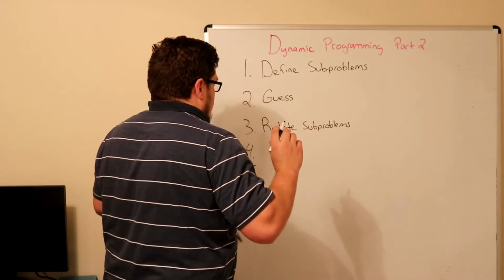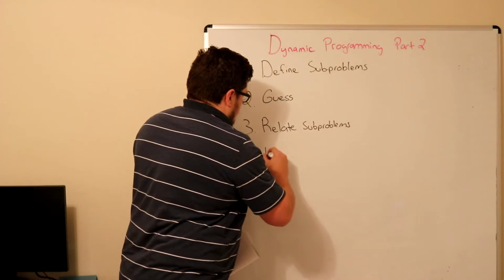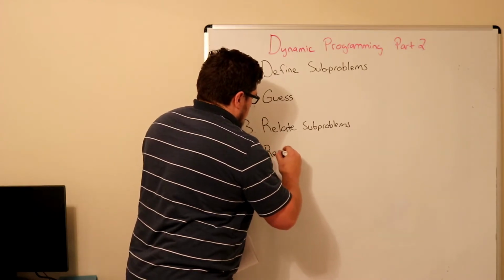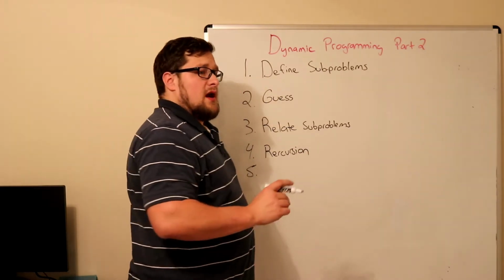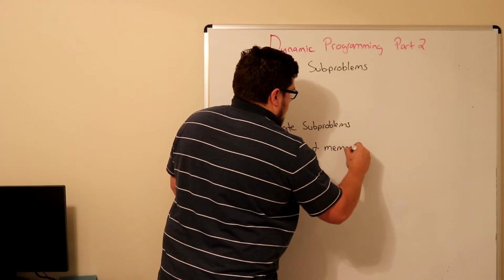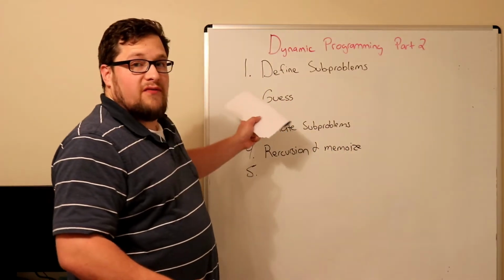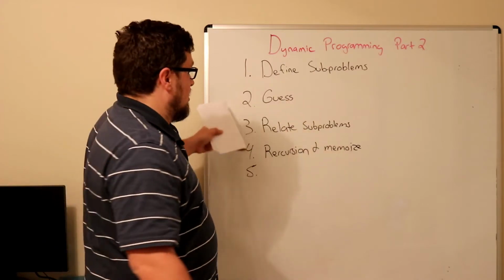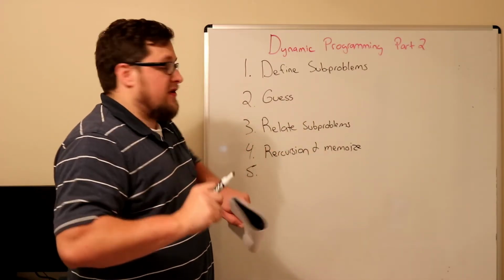To do that, we use, let's see, we're gonna call this recursion or recurse, and then memoize. All right, so we know what our subproblems are. We potentially have performed guesses in our logic on which direction to go or which item to solve next.